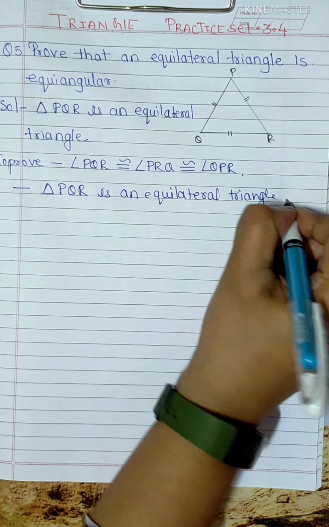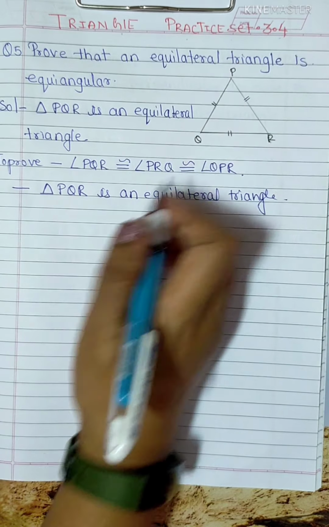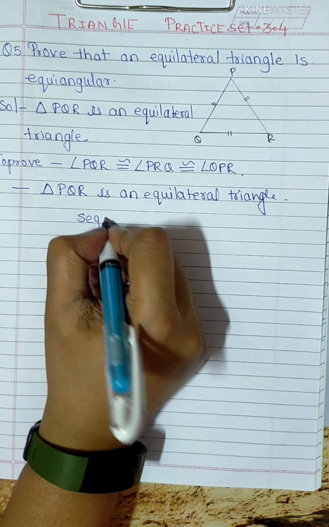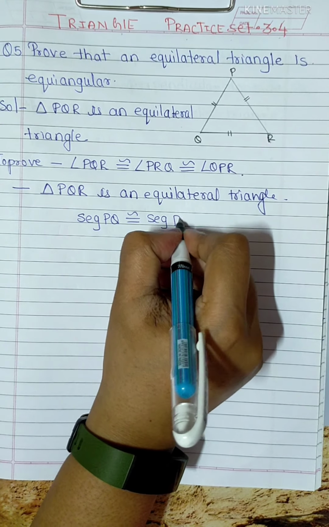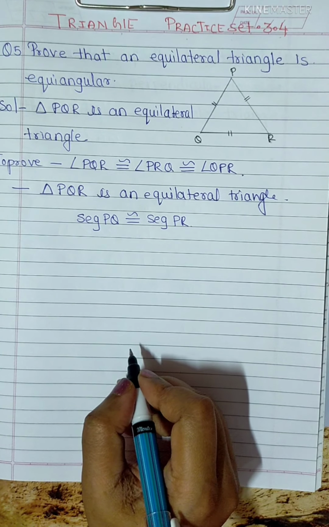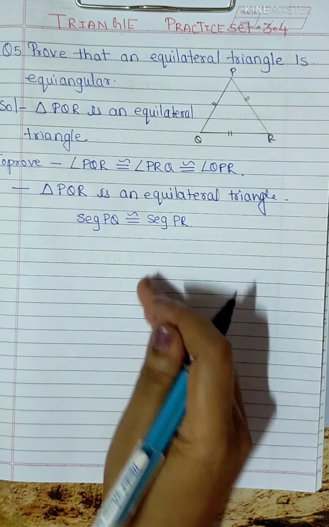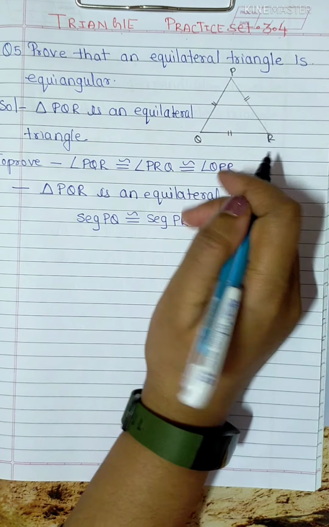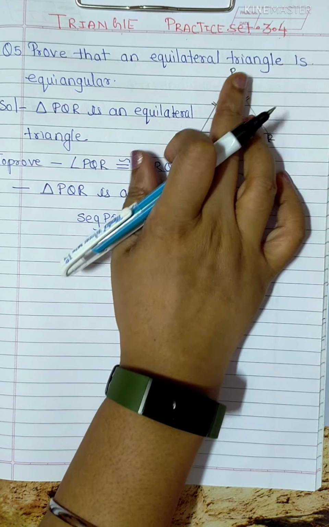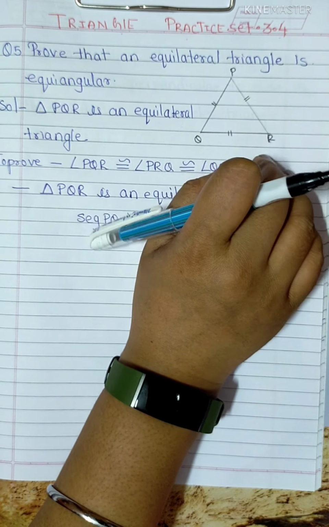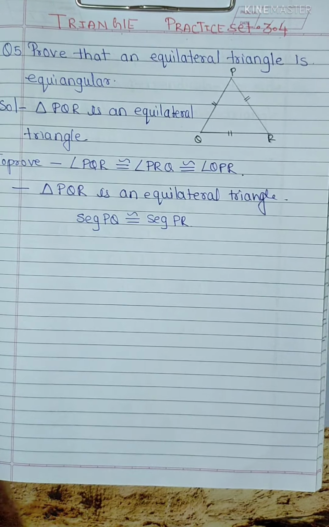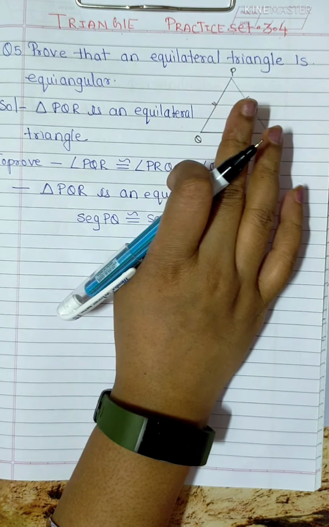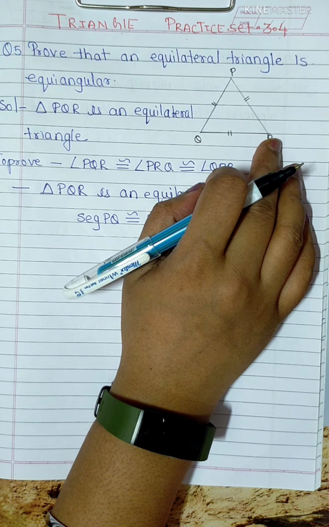Here segment PQ is congruent to segment PR, because of isosceles triangle.